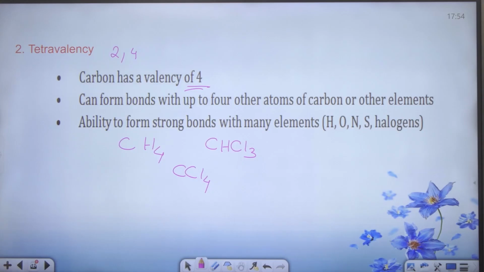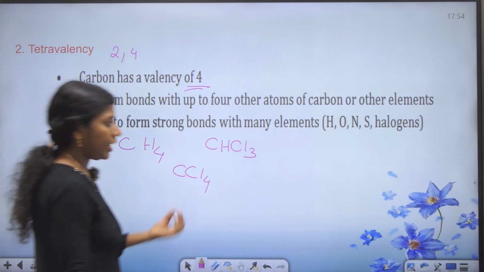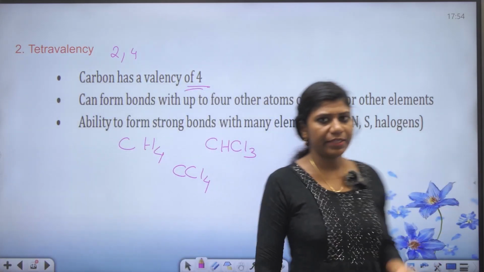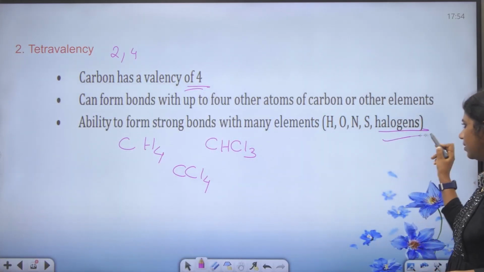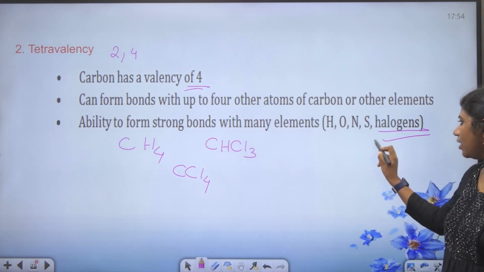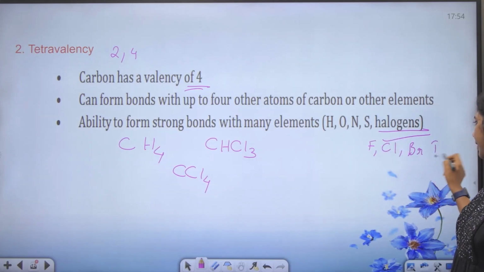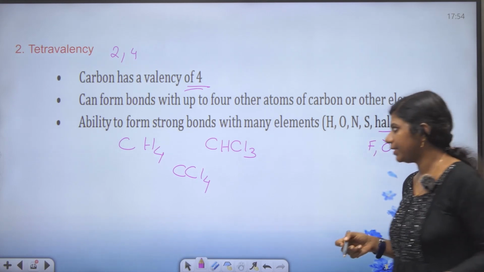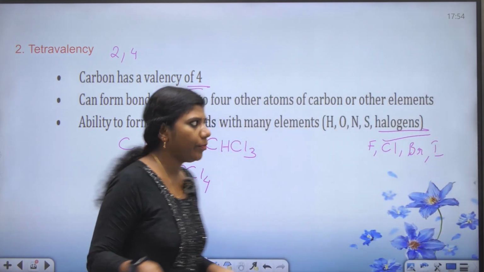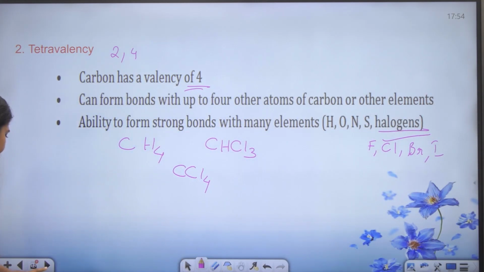That means carbon has the ability to form strong bonds with many elements: hydrogen, oxygen, nitrogen, sulfur, halogens. Halogens are fluorine, chlorine, bromine, iodine, and astatine.